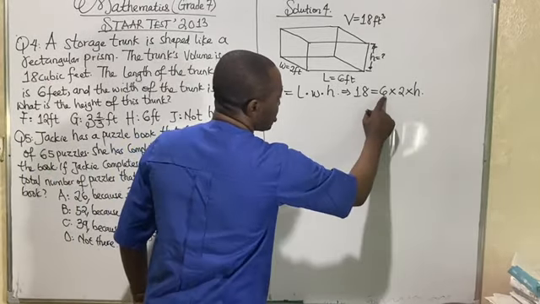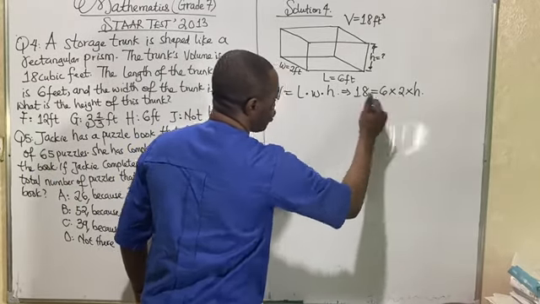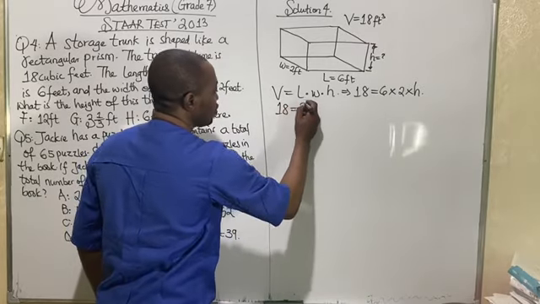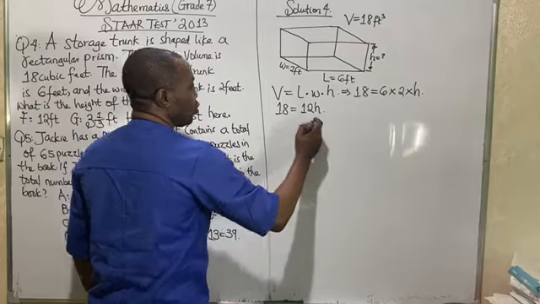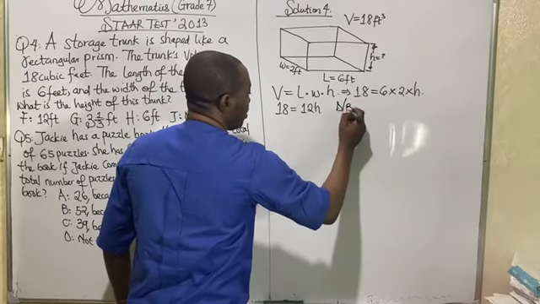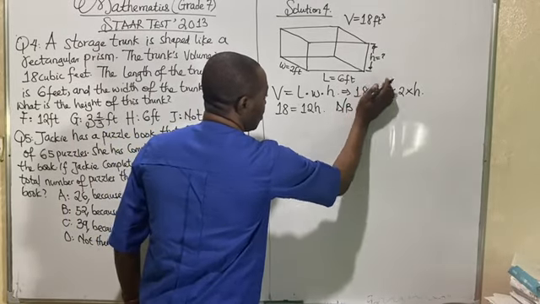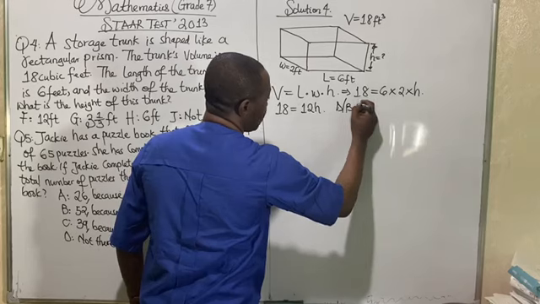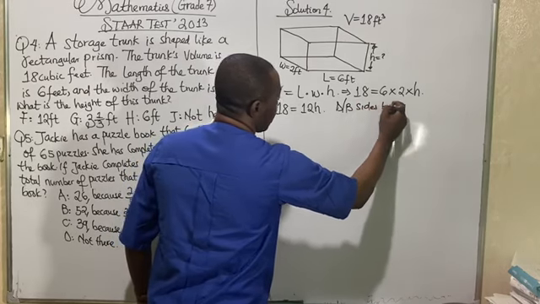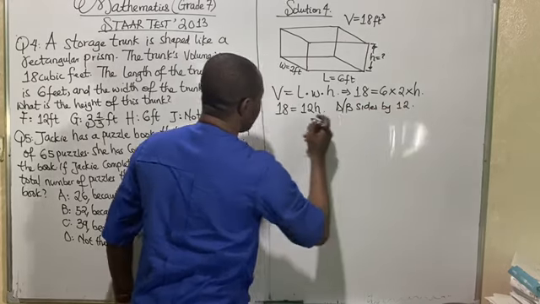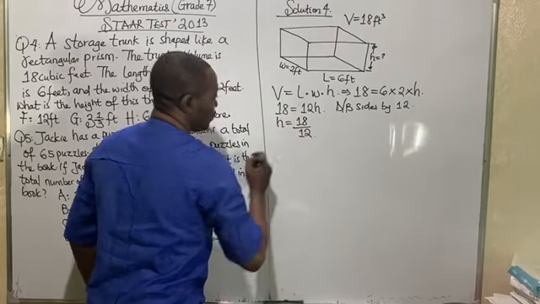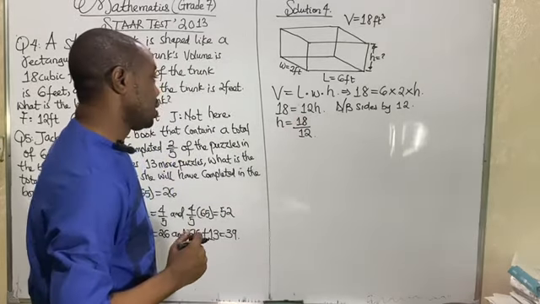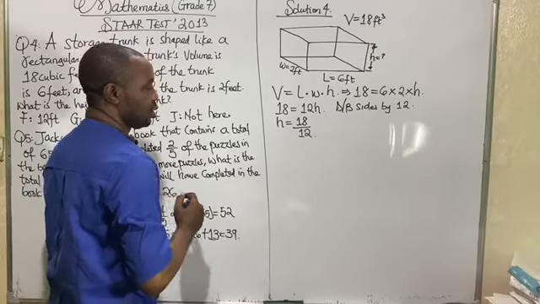Multiplying 6 by 2, we get 12. So this will be 18 equals 12H. When we divide both sides by 12, we are going to have H equals 18 over 12.